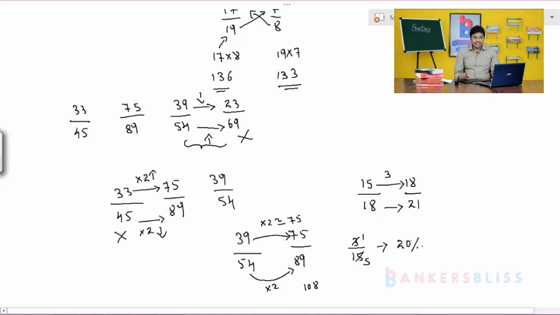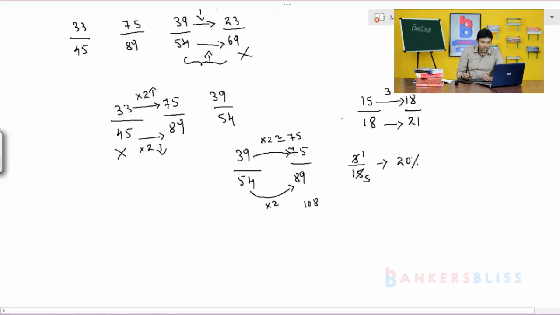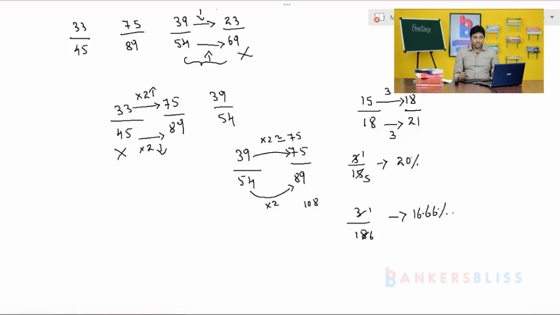How about the denominator? In the denominator also it is increased by 3. So, 3 divided by 18: 3 ones are 3, 3 sixes are 18, 1 by 6, 16.66%. So, the numerator is increased by 20% and the denominator is increased by 16.66%, means the numerator increasing rate is more than the denominator increasing rate. Therefore, here 18 by 21 is the greater one.